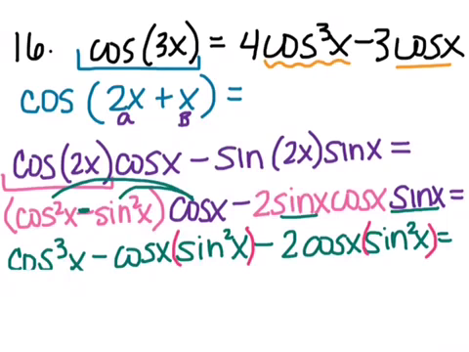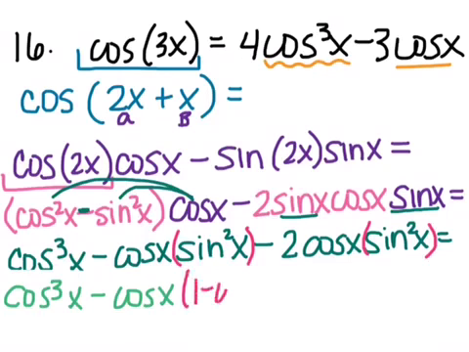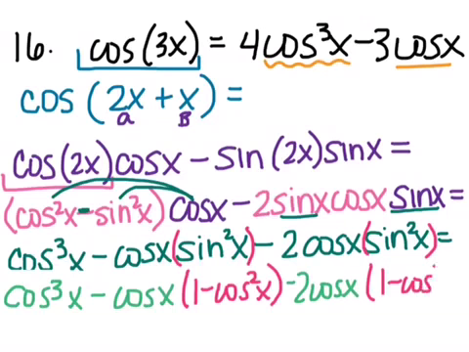So everything else is going to stay the same. And I'm going to substitute in 1 minus cosine squared. Again, I'm dropping it in parentheses every time. Minus 2 cosine times, again, replacing sine squared with 1 minus cosine squared.